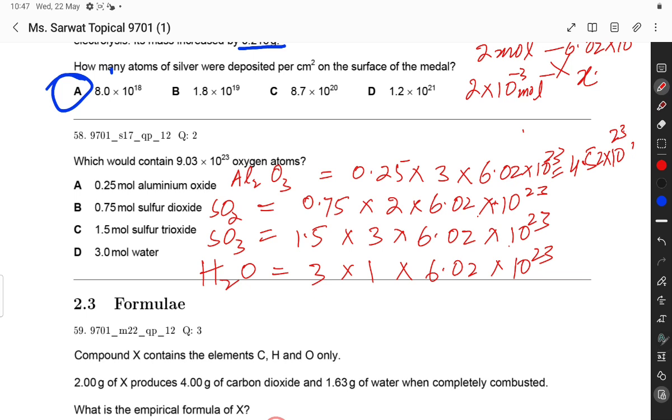Similarly, 0.75 × 2 × 6.02 × 10^23 is equal to 9.03 × 10^23. So B is the correct option.